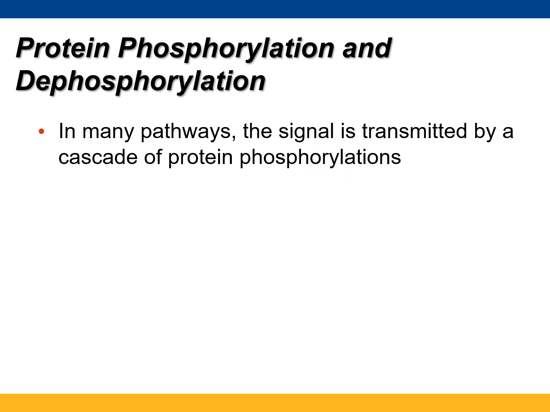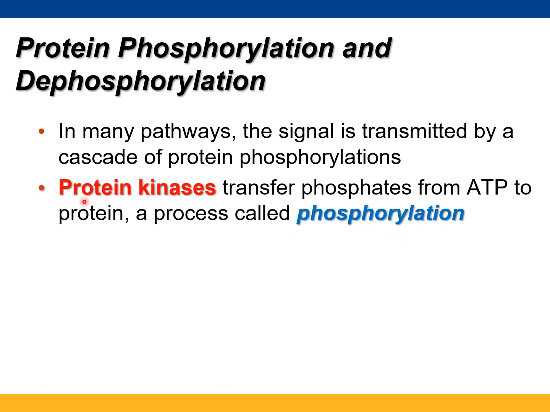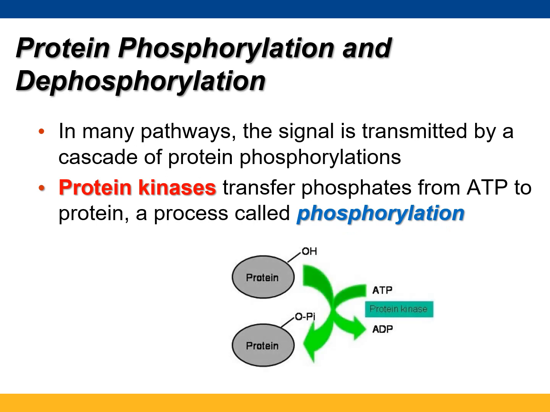We call them kinase cascades, and that's what the word kinase means. A protein kinase will take a phosphate from ATP and transfer it onto the protein target, and that's called phosphorylation. And kinases are the family of proteins that have a target.